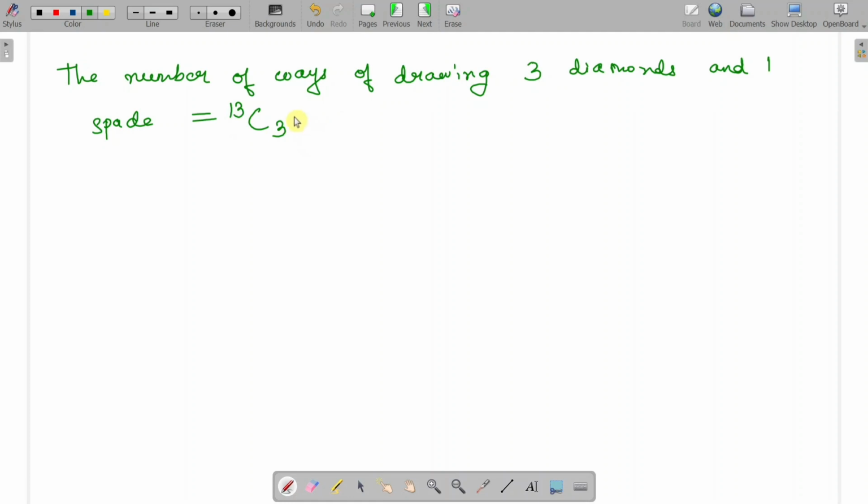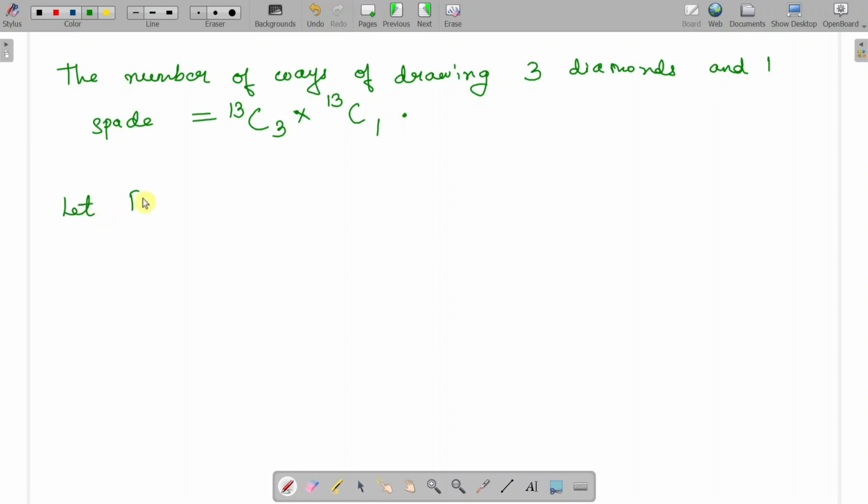And, okay, and means into, right? You can write also multiplication like this. So now, and 1 spade. So how many spades are there in the well shuffled 52 cards? There are 13 spades. So 13C1. Okay, now let us take the event.